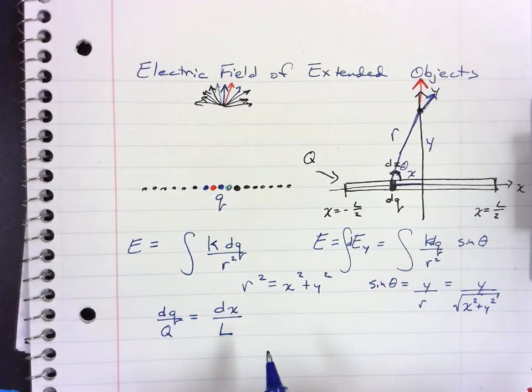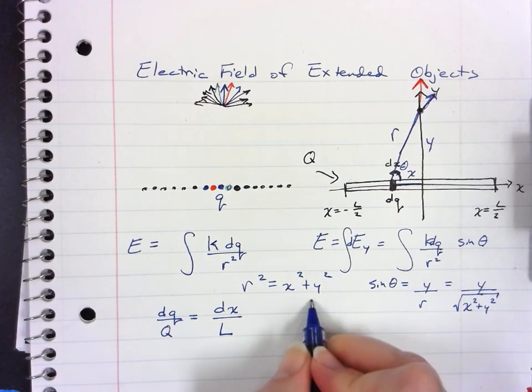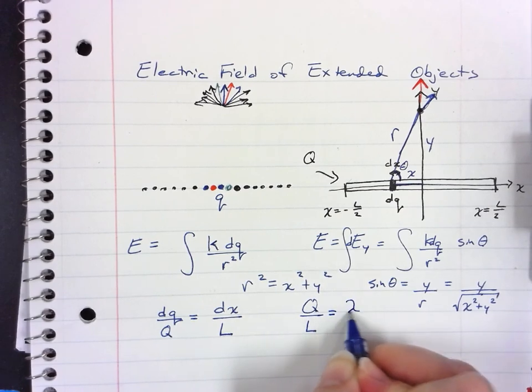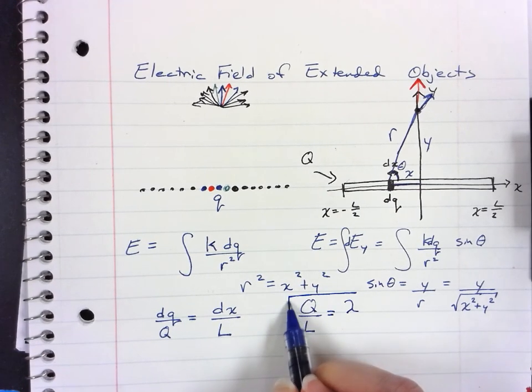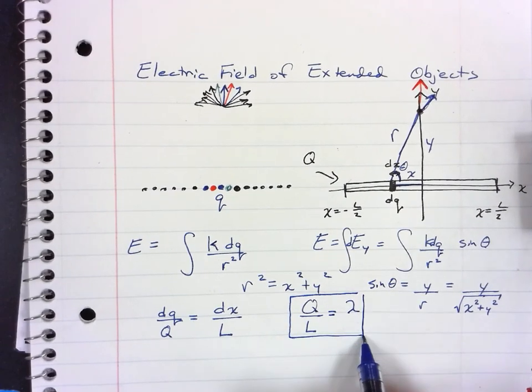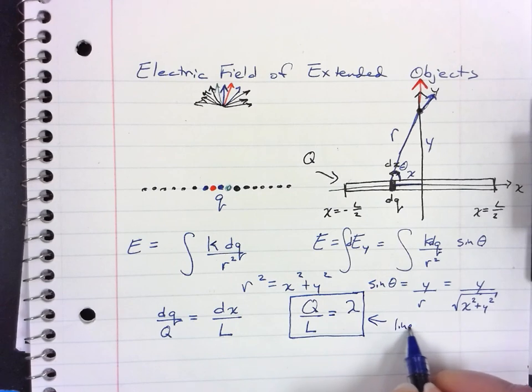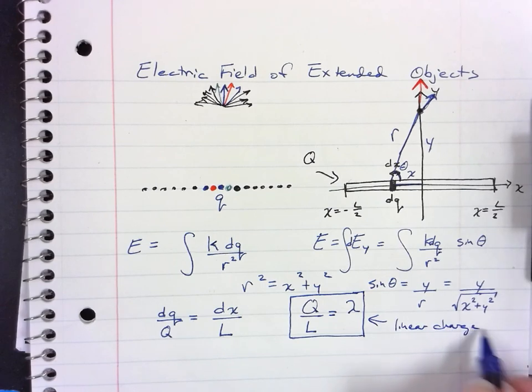So this is a ratio. We could go from here to solve for dq, but we're going to define a new quantity. Q over L, total charge divided by total length, is going to be lambda. This is the first equation that you need to write down, or box, if you're writing down everything. Lambda is the linear charge density.